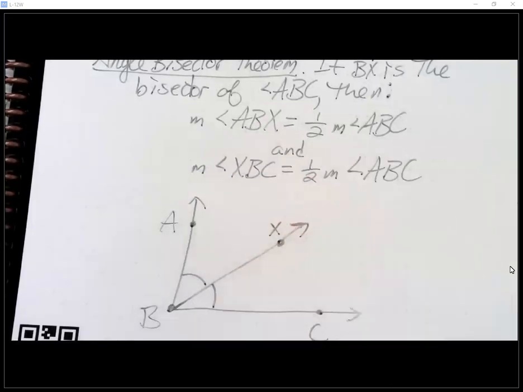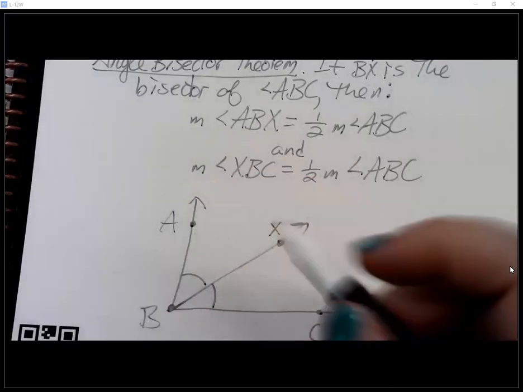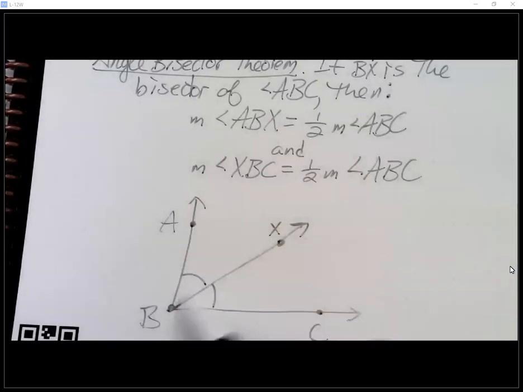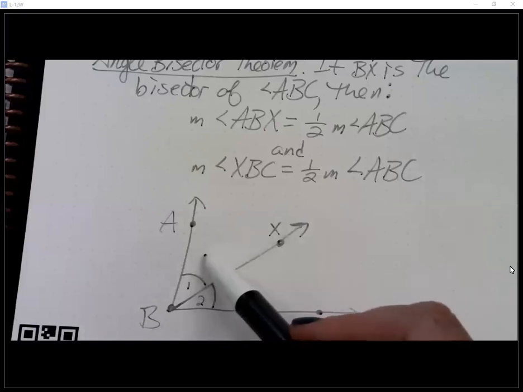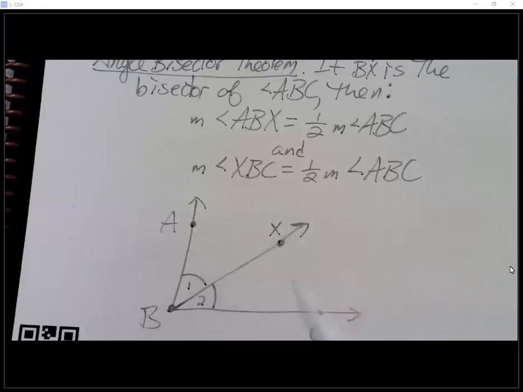Couldn't I say that angle ABX, or angle 1 right here, just to talk about it more easily, would have to be half the measure of the whole entire big angle ABC? If I know I have an angle bisector, this has got to be half the whole angle. Same thing with this one over here. That's all it's saying. But you have to know that you have an angle bisector. And once I do, then that new smaller angle is half the whole big thing.